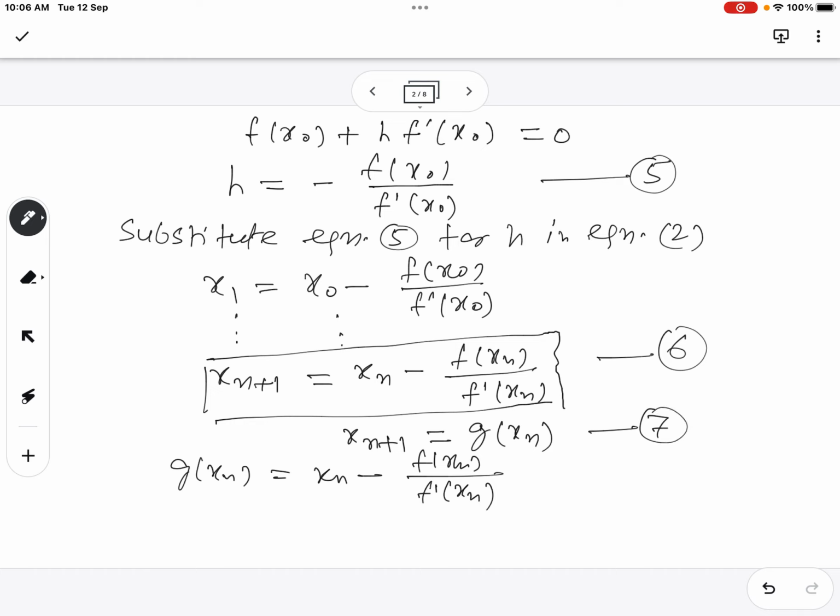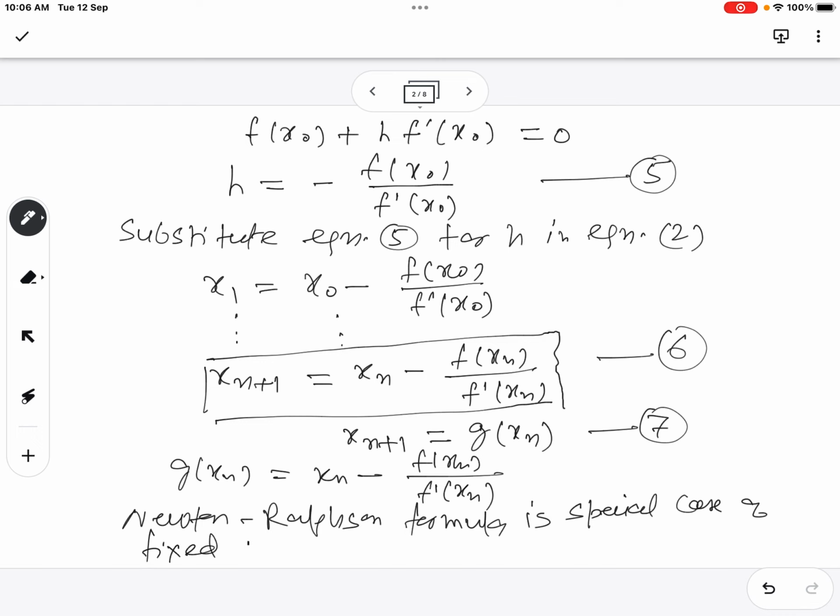In other words, it is nothing but the fixed point iteration method. So it means that the Newton-Raphson formula is a special case of the fixed point iteration method.